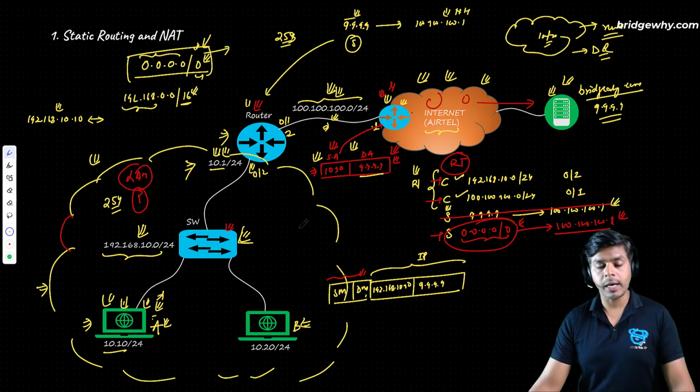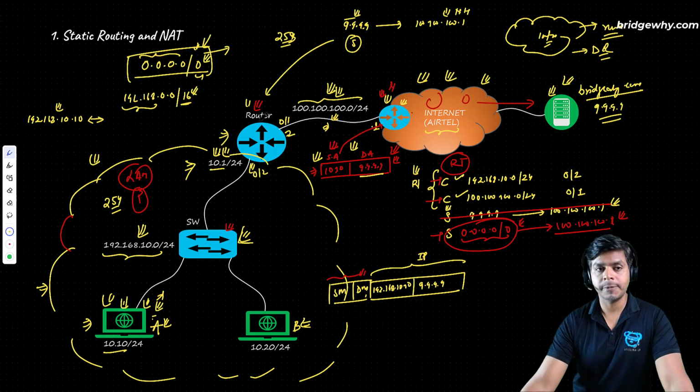Maybe one, maybe slash 26, 28 you can get, but not slash 24 for sure. If that is the case, how is this router going to do the work? The router will be changing this address, right? You have used dot one, meaning 100.100.100.1 to Airtel, dot two to this router. This router will take the next address, suppose 100.100.100.3, right?